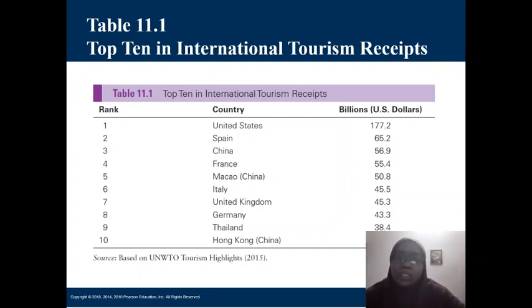Here we can see that the United States generates 177.2 billion US dollars, followed by Spain, which generates 65.2, followed by China, France, down to the United Kingdom, which generates 45.3 billion, up to Thailand and Hong Kong. So these are just the top 10 international tourism receipts.